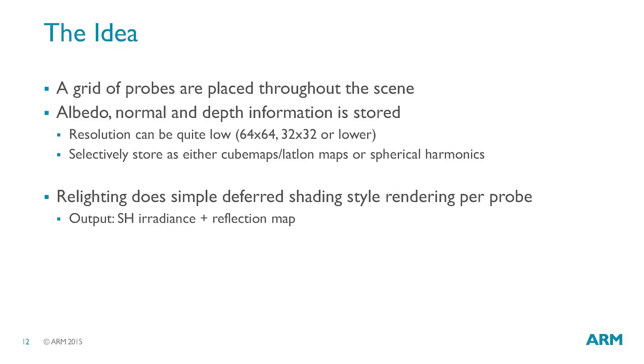So the idea of this indirect lighting approach is to use a grid of probes, and the main idea is that these probes are relit based on visibility and other properties.